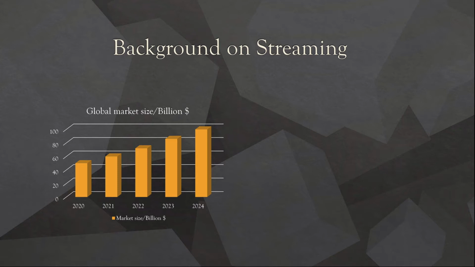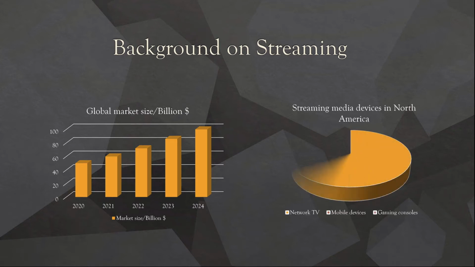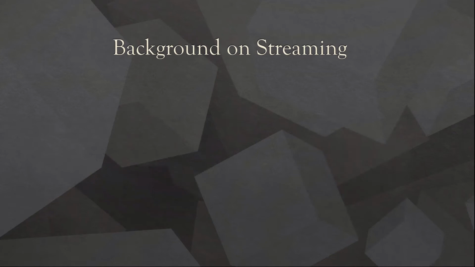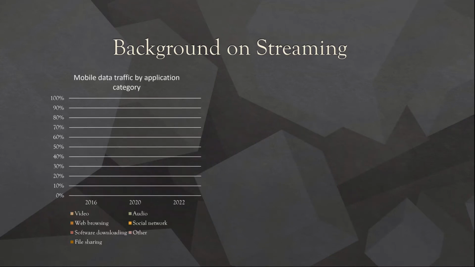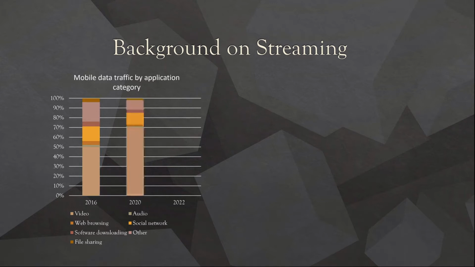Another fact of streaming is that most of streaming contents are consumed on network TV and mobile devices. Video streaming contributes significantly to mobile data traffic, and it will have a higher portion in the next few years.